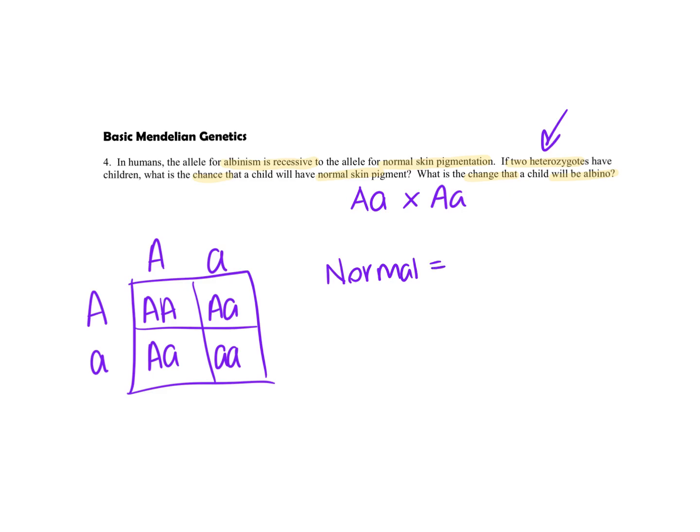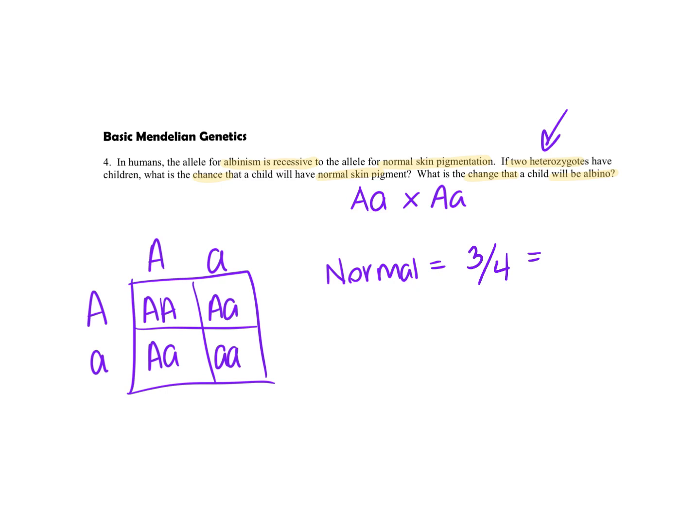So what I'm looking at here, because it's talking about the skin tone, it's asking technically about the phenotype, so what it looks like. I'm going to look and I'm going to see that 1, 2, 3 of the children have at least one capital A, meaning 3 out of the 4 children have a chance of having normal skin type.